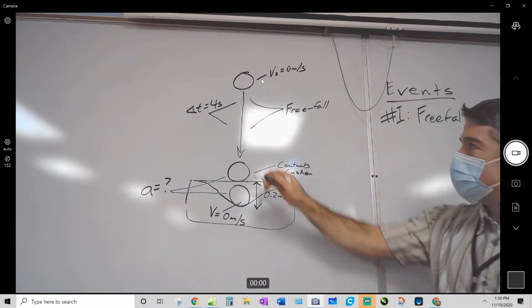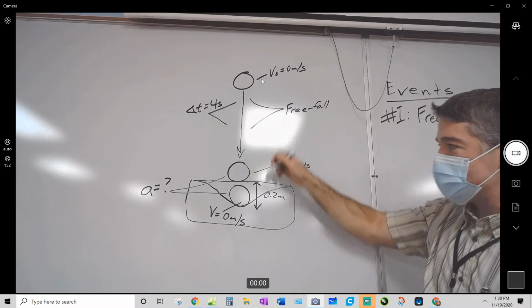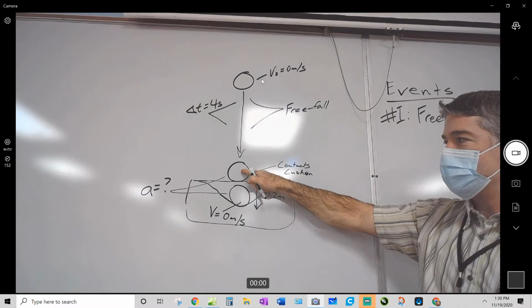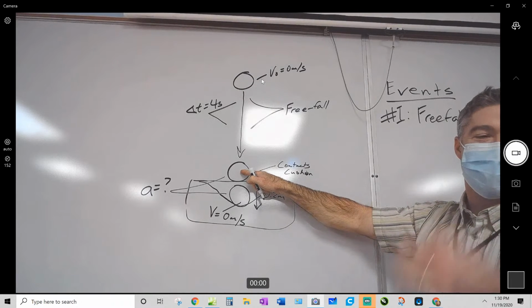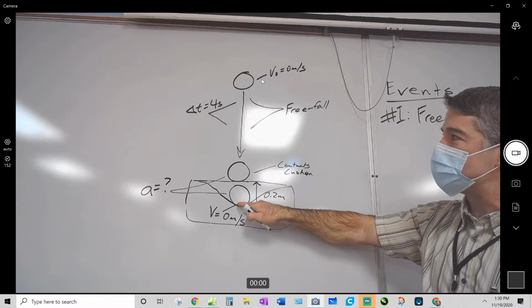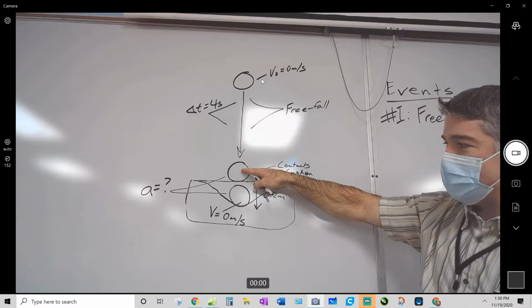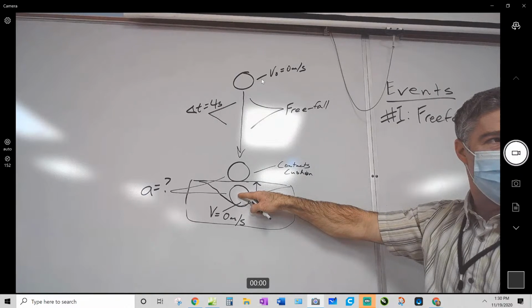And then it's going to go faster and faster and faster until right here. Then it gets a new acceleration until it stops. And here the acceleration's downward. As it's coming to a stop, is the acceleration still downward?